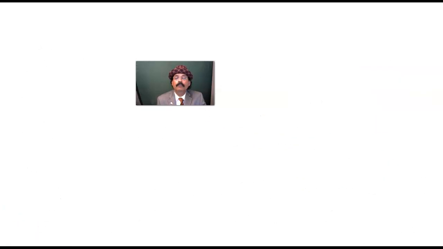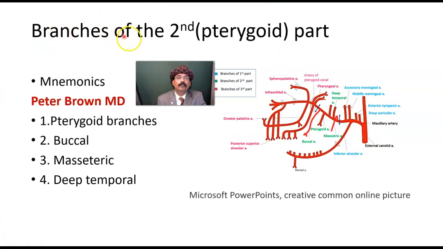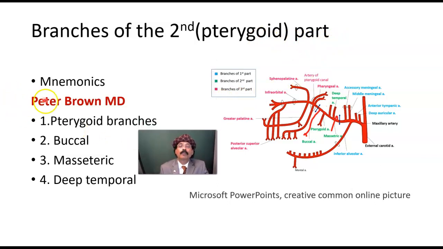Then we go to the branches of the second part of the maxillary artery, or pterygoid part. What is the mnemonic for that? We remember Peter Brown MD.